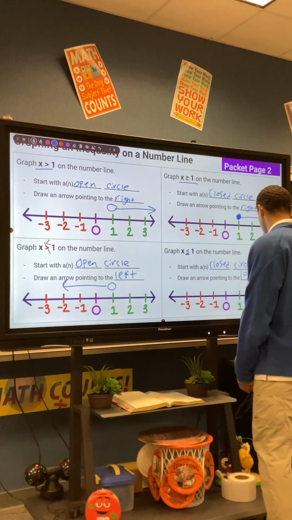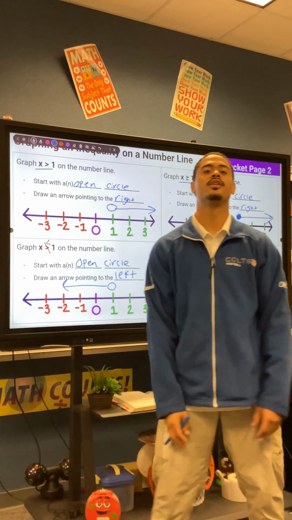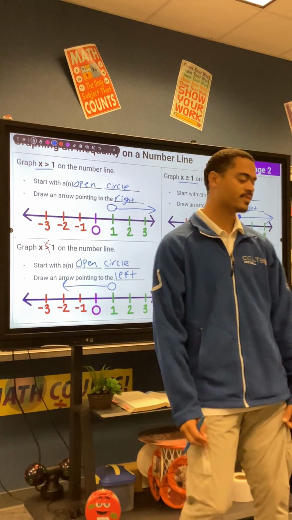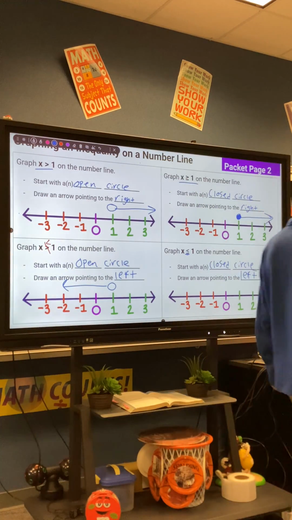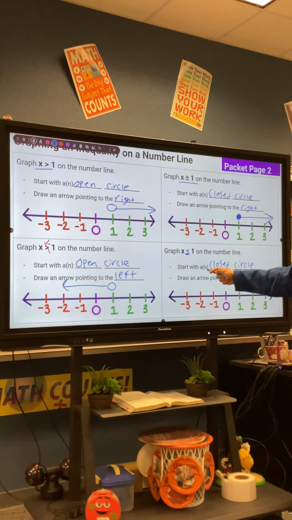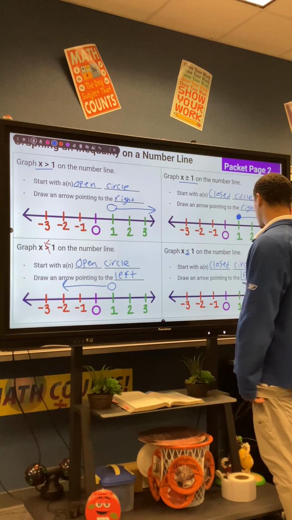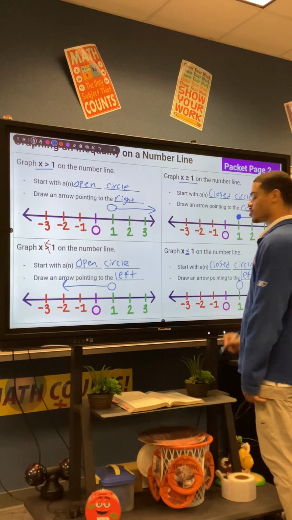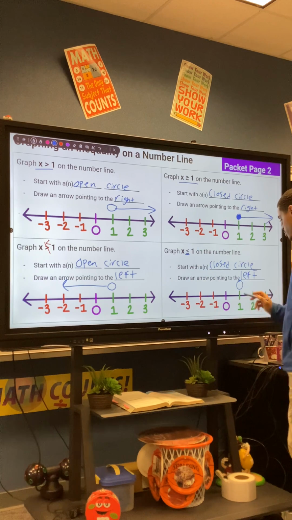Jennifer, you got to speak up. I'm all the way up here. Don't be afraid. You good. So when I go to draw my inequality, I'm going to graph it. I'm going to go over to my 1, draw my circle. Since it is a less than or equal to, I'm going to shade it in.